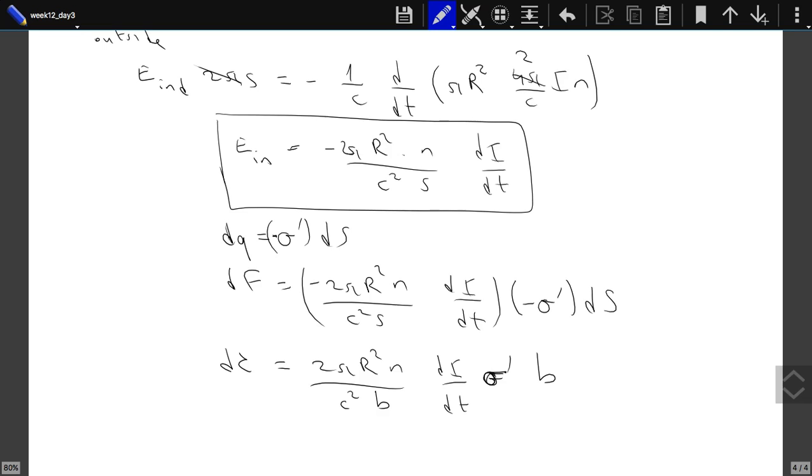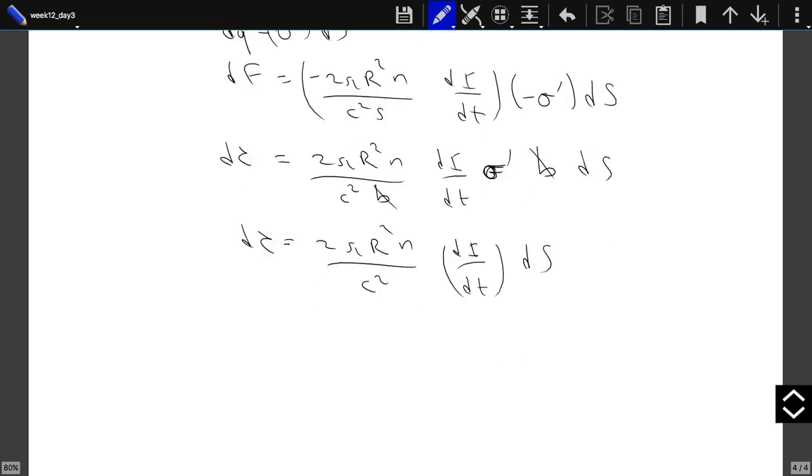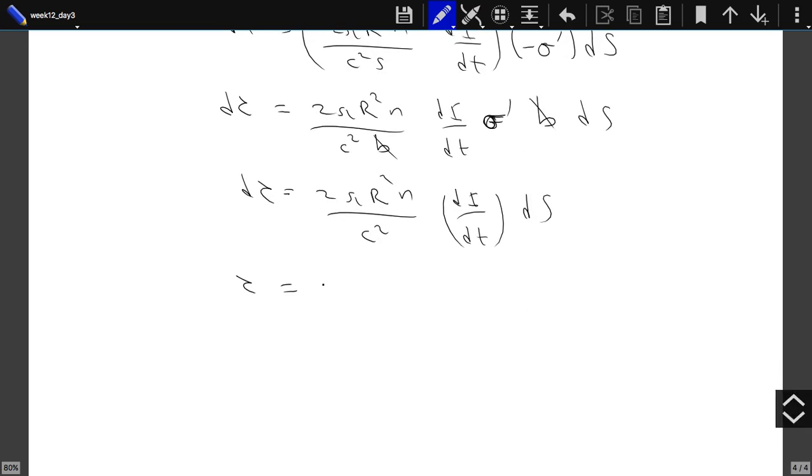b is the magnitude of the distance. So the b's cancel. So we get 2 pi r squared n over c squared dI by dt times ds. This is the tau. The total tau will be 2 pi r squared n over c squared dI by dt, torque per unit length, 2 pi b sigma prime.